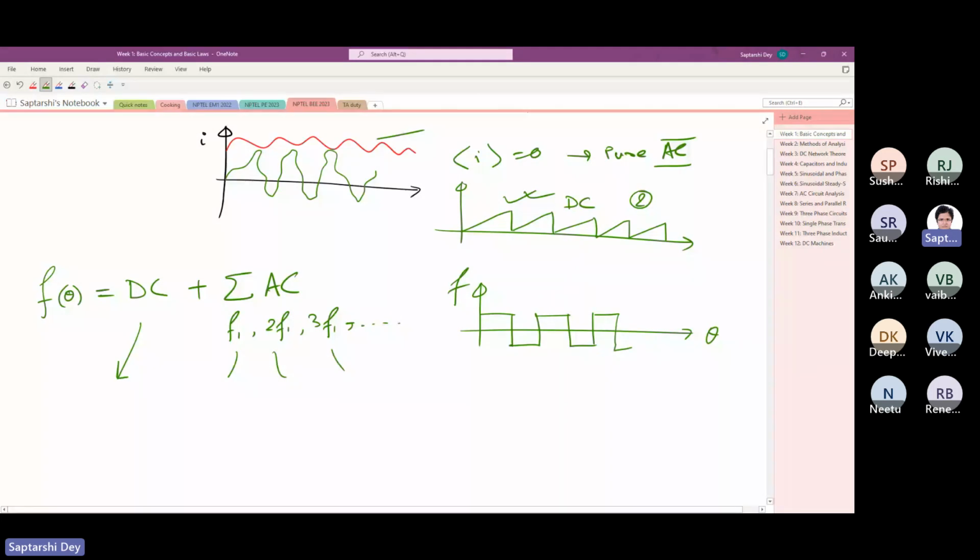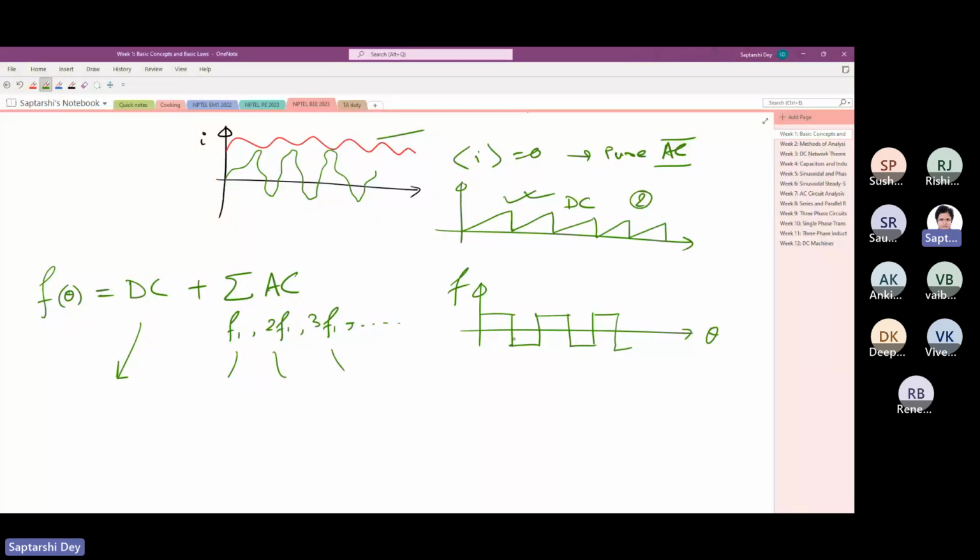But overall, if you look at this waveform, you cannot call it AC because it is not changing its direction. This is DC. In fact, even if it touches zero and again becomes positive, it is still DC. So, is a square wave DC? Depends.